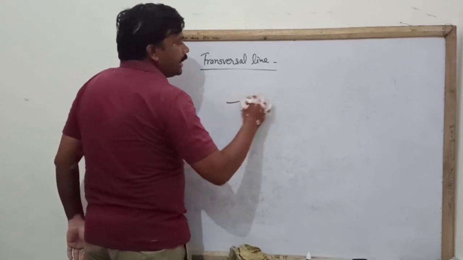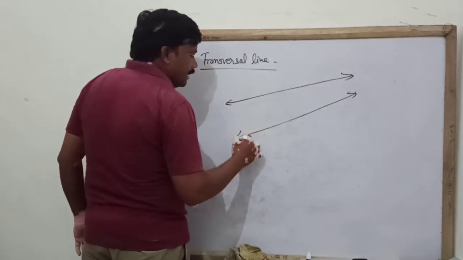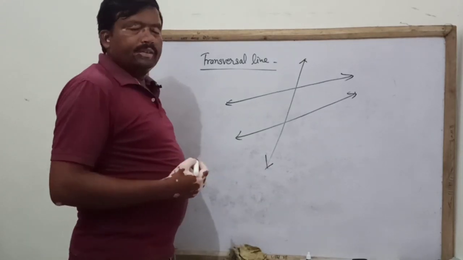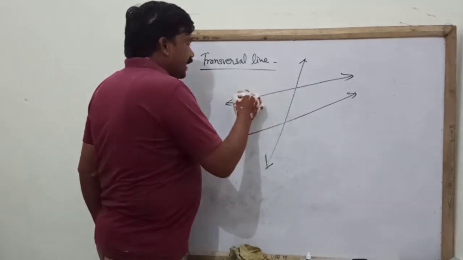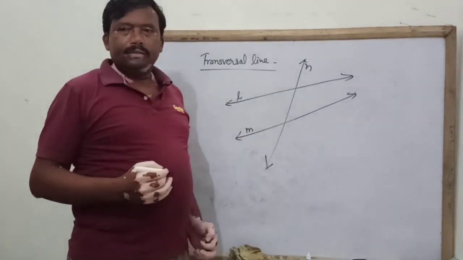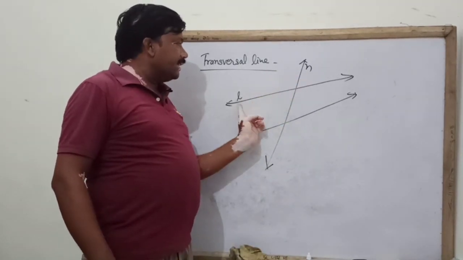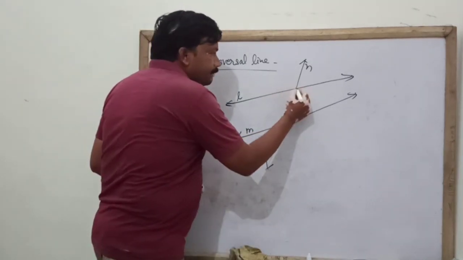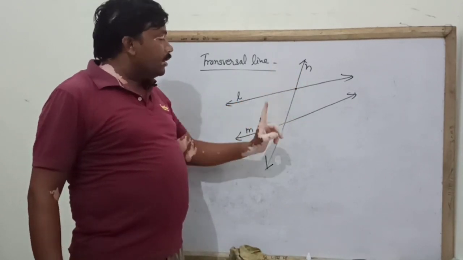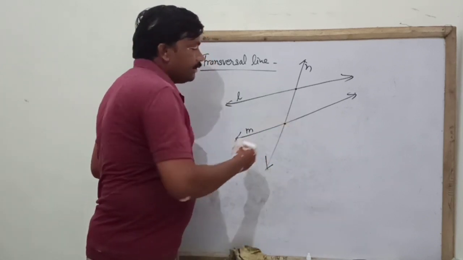If we have two lines, this line L, this line M, and this line N, then we can see that line N is intersecting line L at this point, and line N is also intersecting line M at this point.